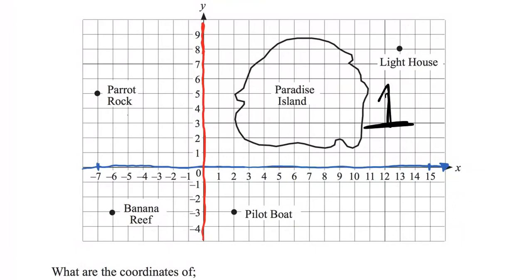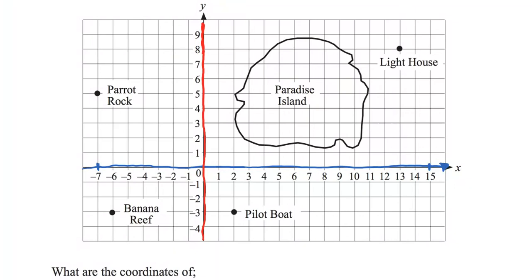The second quadrant, where I've written the number 2, has a negative x and a positive y. Here at Banana Reef, we have the third quadrant, with both negative x and negative y. And in the fourth quadrant, we have positive x and negative y. That's what I mean when I'm talking about the quadrants of the coordinate grid.